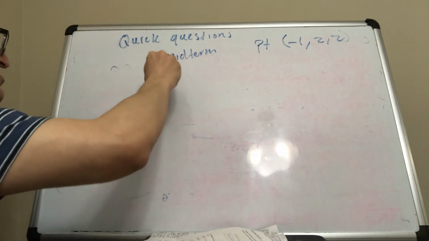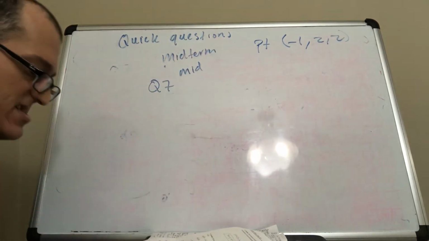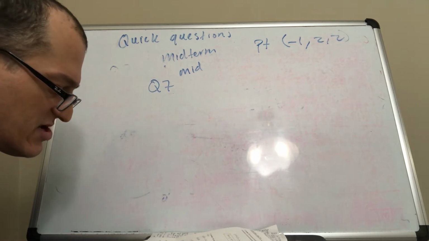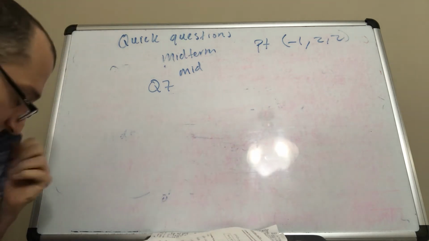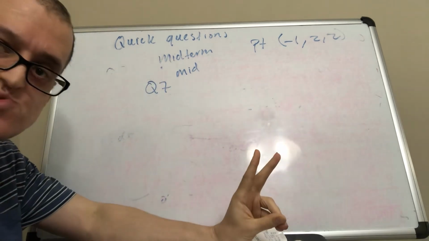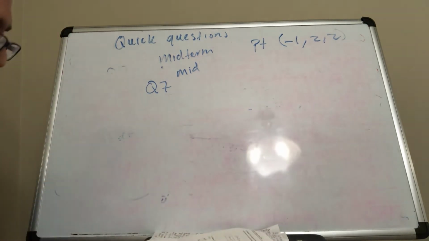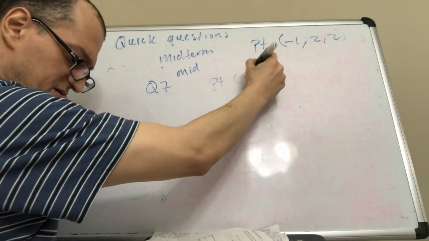Question 7, midterm: find the parametric equation of the line, and it's a tangent line. If you remember, when you do an equation of the line, you need a point and a vector. The point is given: 3, 0, 3.